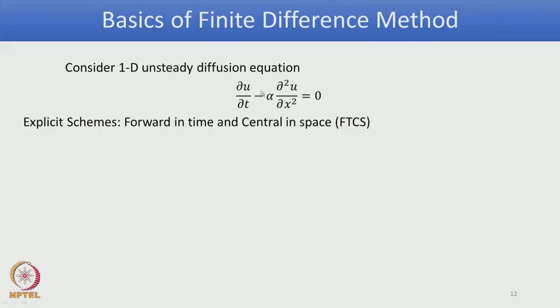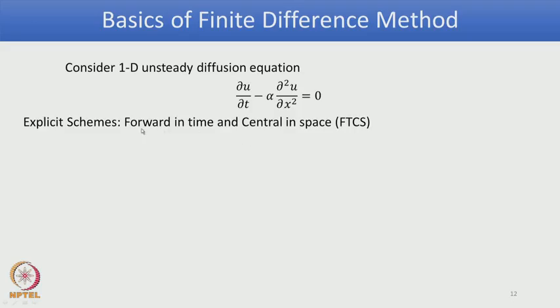In this case, first we have a time derivative component dou u by dou t, and the second term is a second derivative in space. We can apply whatever Taylor series expansion procedure we got for forward difference and backward difference to this equation also, whether it is a time derivative or a spatial derivative, it does not matter. In the sense, if you say forward in time, central in space, you write it as FTCS.